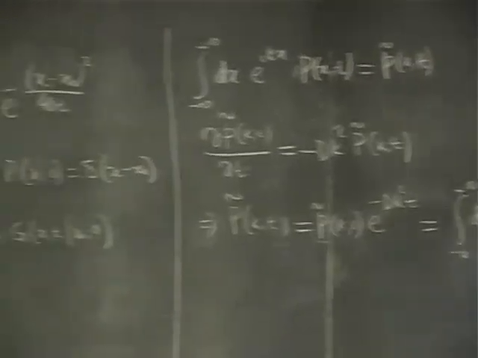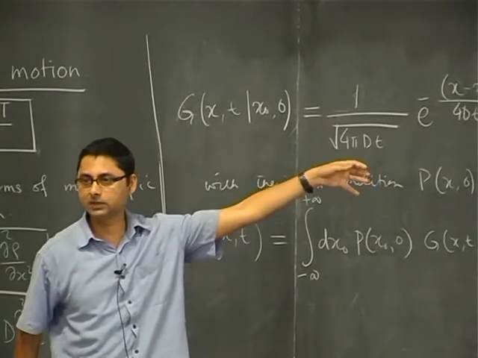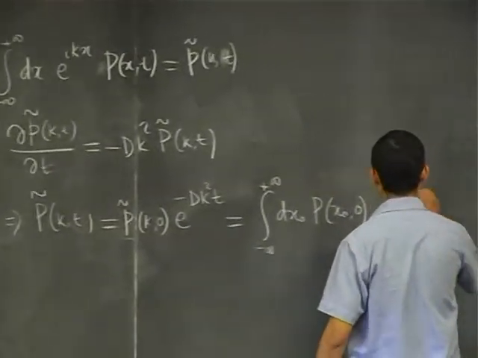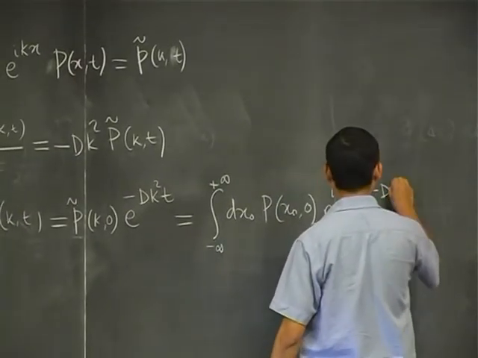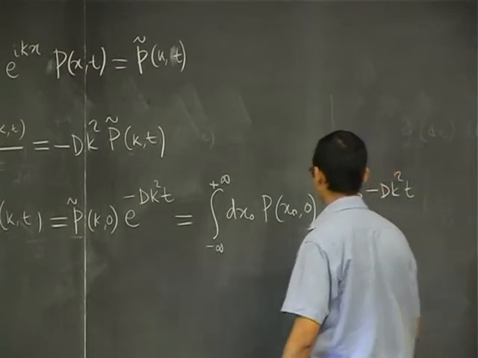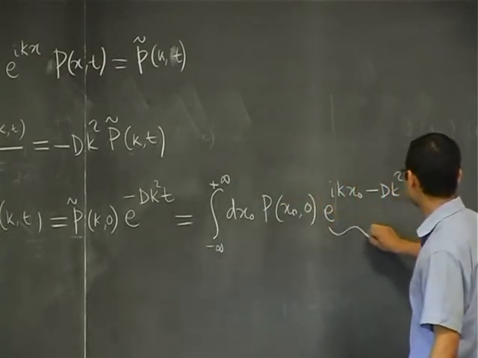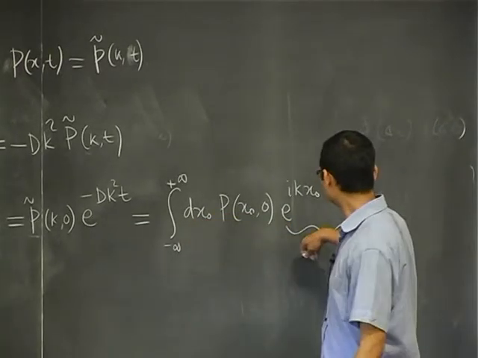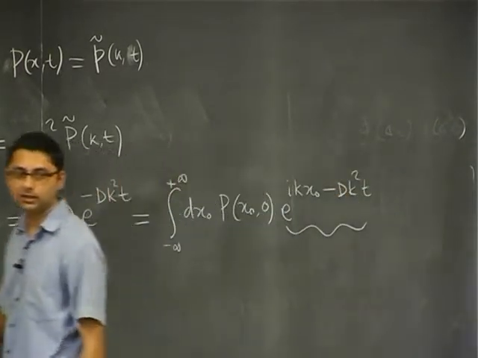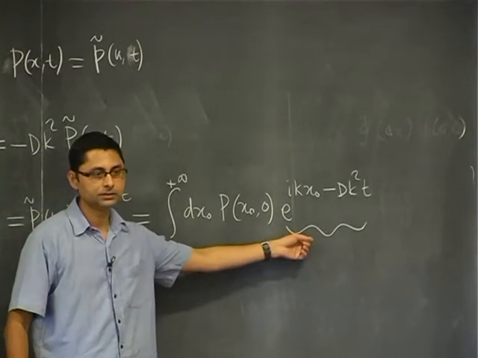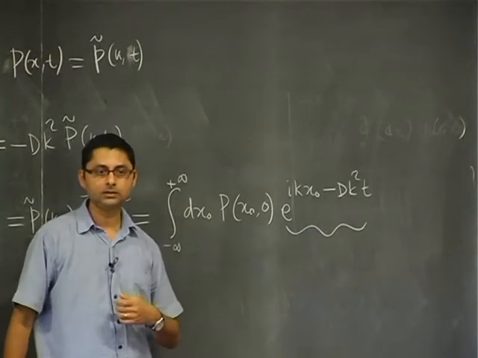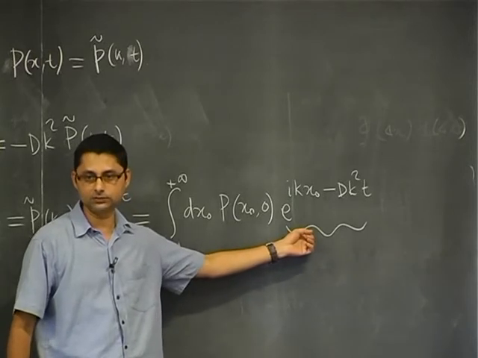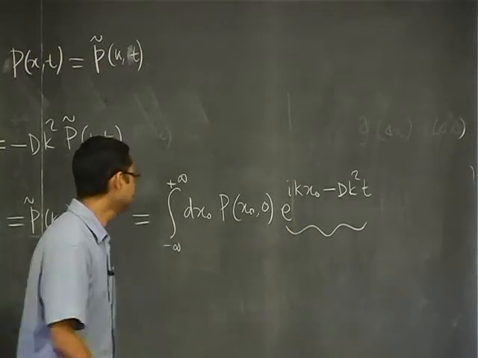That is there, I am not writing it, this is only for this part. So now this is minus d k square t. So this is only a function of k and this is only a function of x0, right? And you know what the inverse of this one is, that we have done. This is the characteristic function of a Gaussian distribution, so what is that Gaussian distribution?